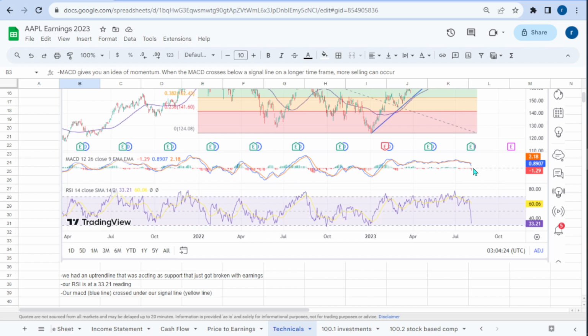Over time, if the technicals don't really do anything and the stock just trades sideways for a bit, then you'll see that MACD line start to flatten out and it's less inverted. You'll also start to see that RSI reach more of a mid level. So these are things that you all want to pay attention to, definitely along with the price to earnings, the revenue growth, and all of that stuff.